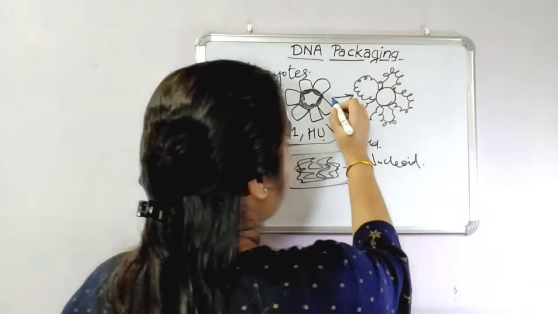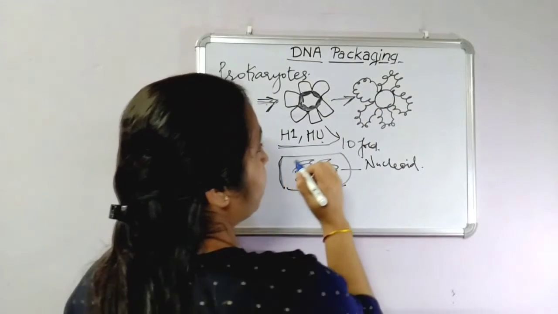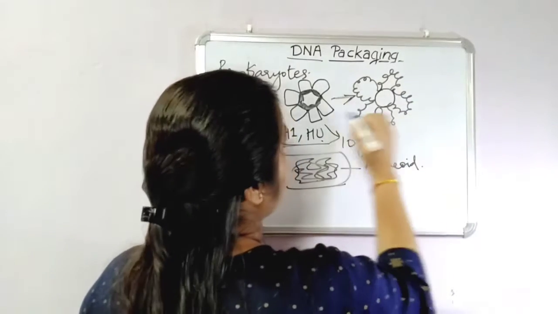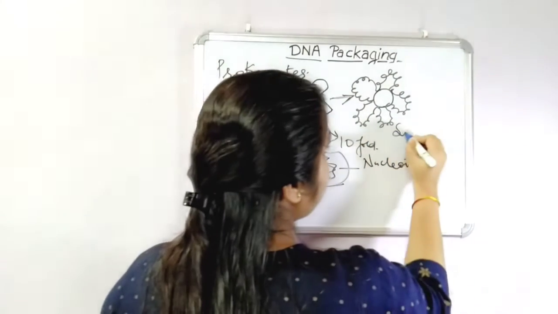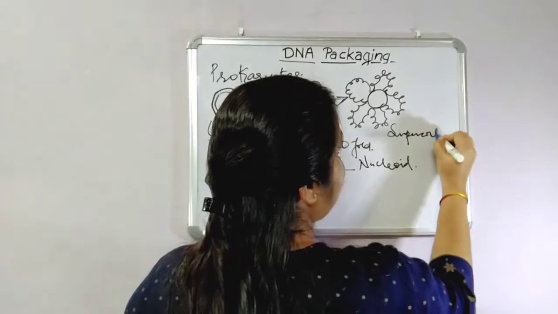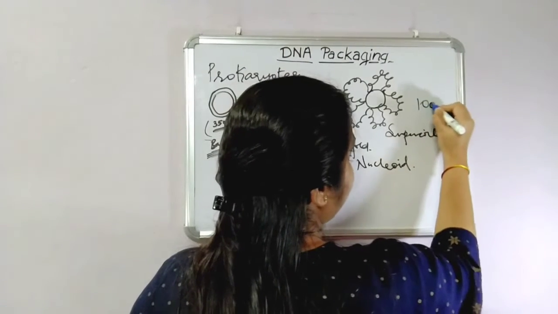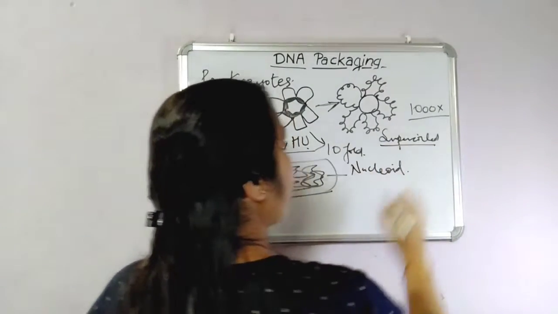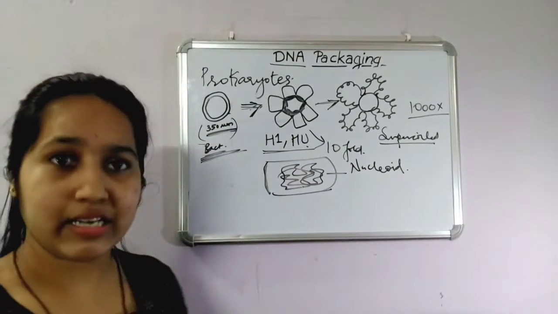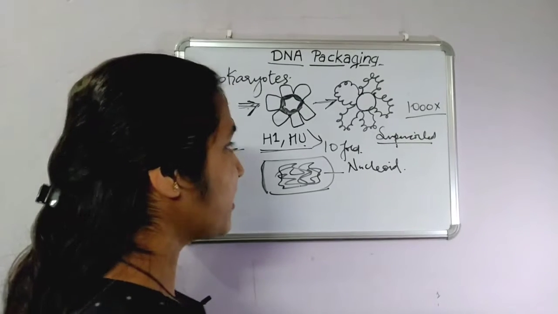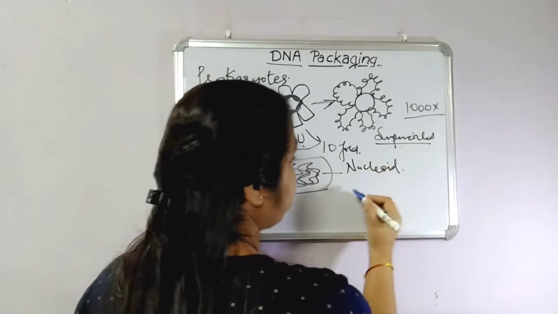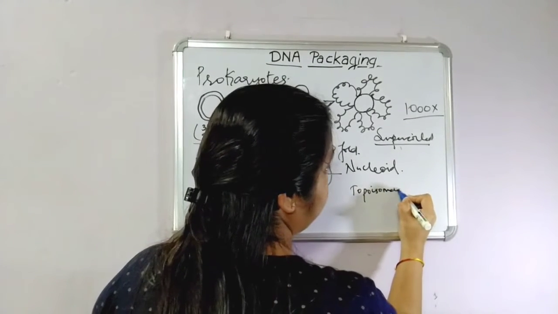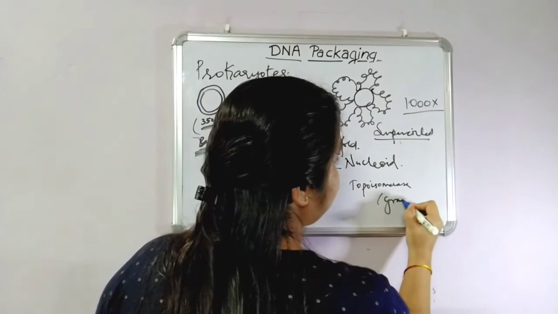Further compaction occurs when a supercoiled structure is formed, and it will give a 1000-fold compaction. This supercoiled structure of the DNA in prokaryotes is maintained or regulated by specialized enzymes like topoisomerases, for example the gyrases.